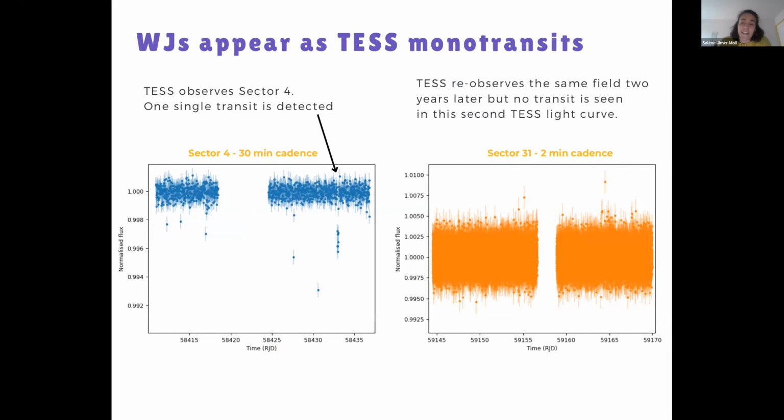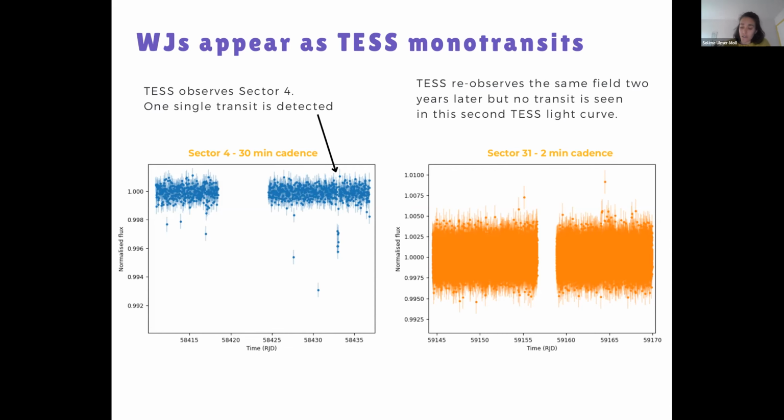And to do that, I use TESS, and warm Jupiters appear as monotransits in the TESS data. So you see here two plots of two different sectors of TESS data. On the first one, I highlighted a single transit event in blue. And when TESS reobserved the same field 2 years later, we didn't see any transit.